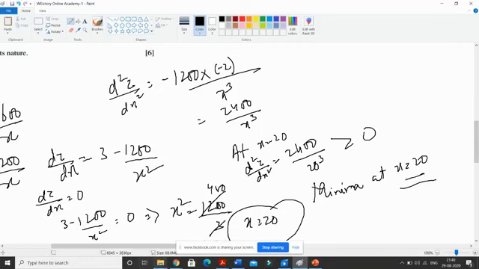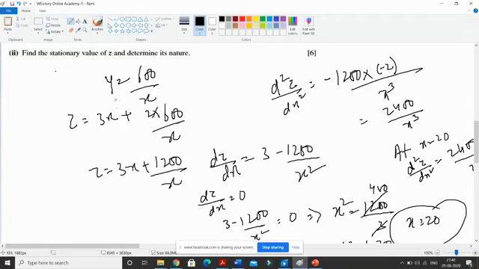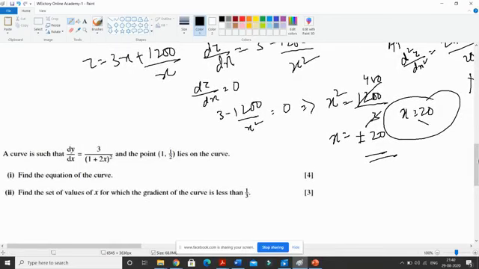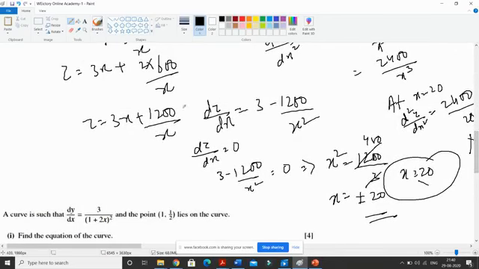So you'll get the minimum value of z. So it's asking just the stationary value of z. So the stationary value of z, when x is 20, just substitute x equal to 20 here.